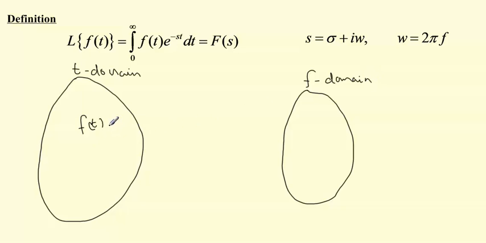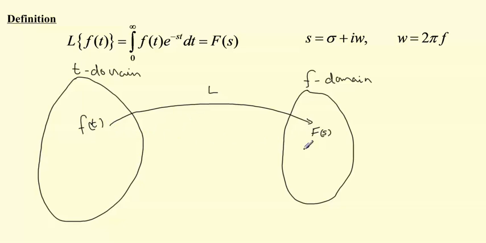In this case, the Laplace transform will take little f of t to capital F of s, which is a frequency function representing that time function.